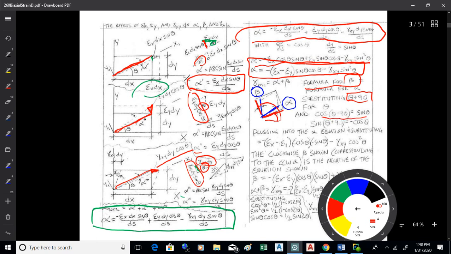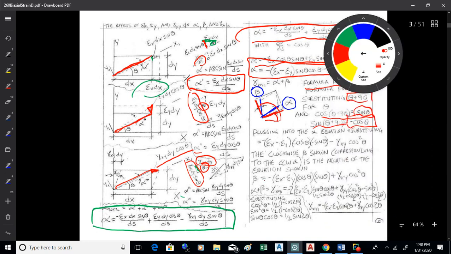Cosine theta plus 90 is sine. Sine theta plus 90 is the negative of cosine. Plug that into the alpha equation. We do have to do a little change in sign because we get a little different rotation on that line, but what we end up with is the beta equation right here. Add alpha and beta together, we get the shear strain.